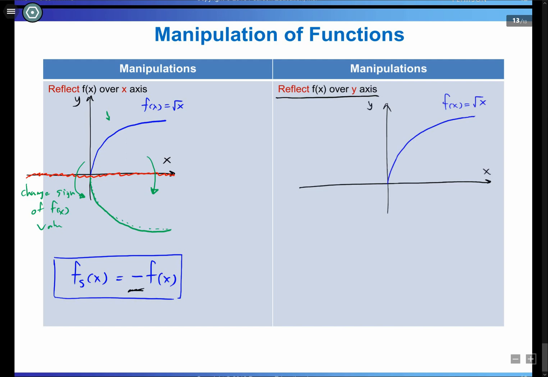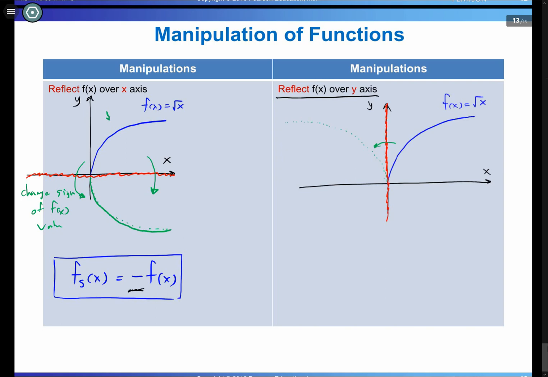Now I want to reflect this graph over the y-axis. It means that the y-axis becomes a mirror here. Okay, we have a mirror on the y-axis, and we flip it, reflect it, and we should get something like that. Flipped version of the blue graph. Okay, so that's what we want.